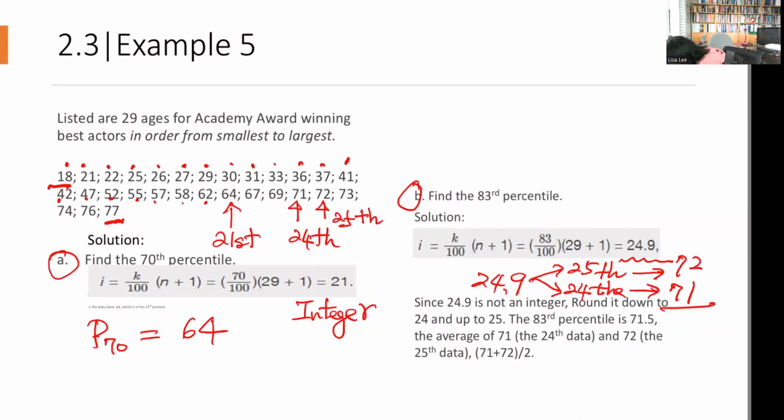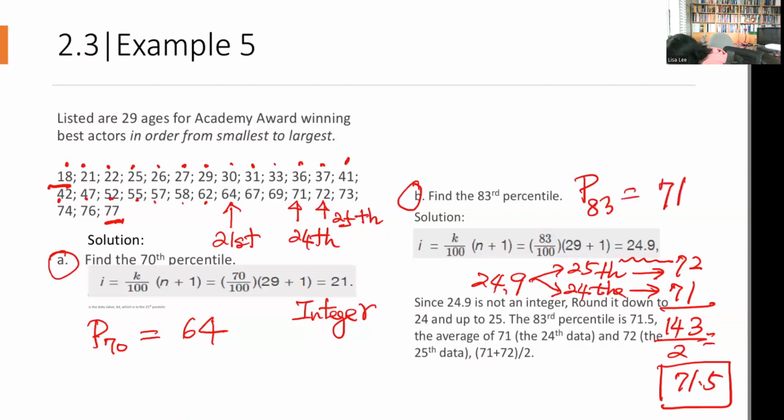Then we add the two and divide by 2, taking the average, and the average is 71.5. So that's the solution for the 83rd percentile: the age of 71.5. Okay, we're done with 2.3, and you need to practice more with the homework exercises.